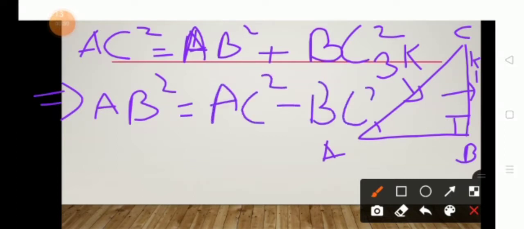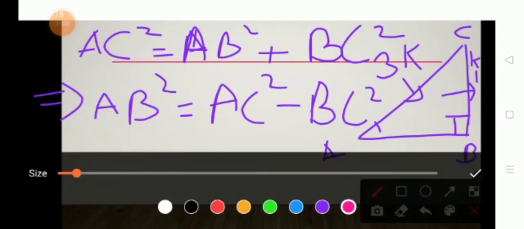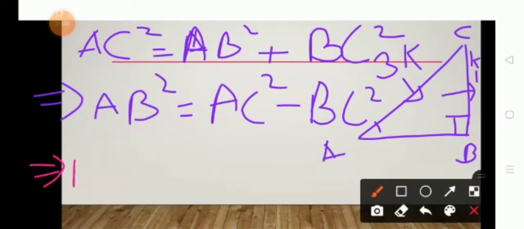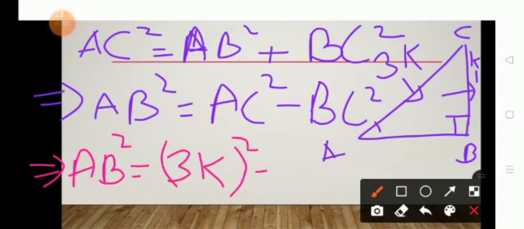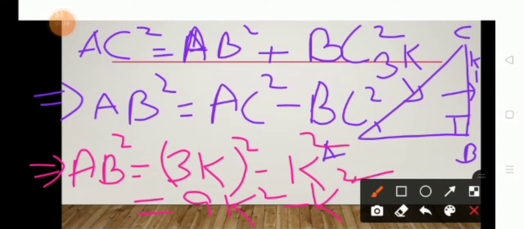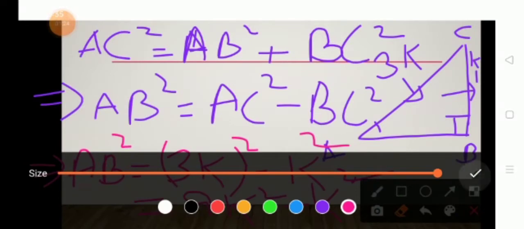AB squared equals AC squared, which is (3K) squared, minus BC squared, which is K squared. 3 times 3 is 9, 9K squared minus K squared gives 8K squared.